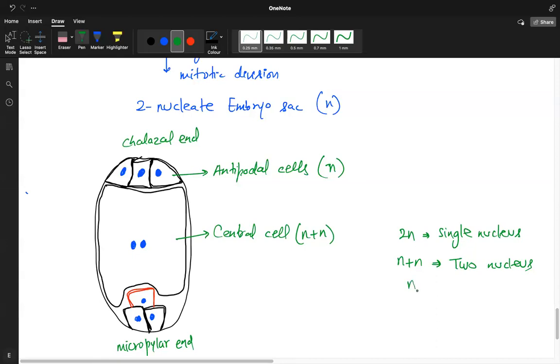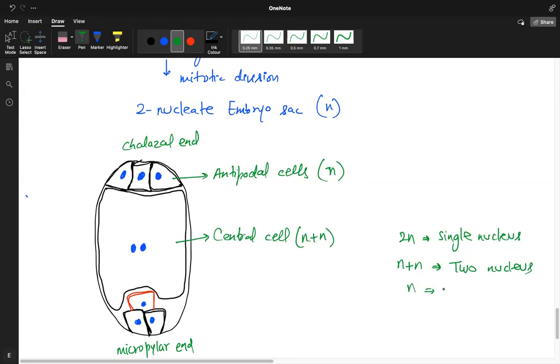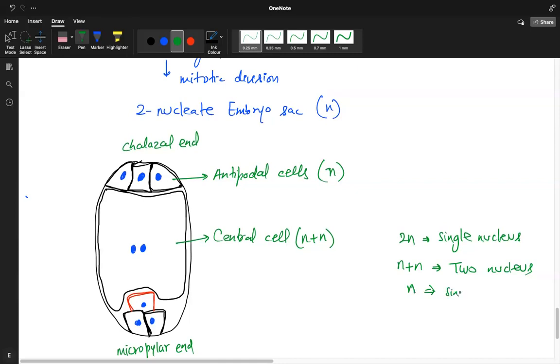And if I write just n, again, it means there is a single nucleus with just 1 copy of every chromosome. Is the difference clear between these 3 notations? People?